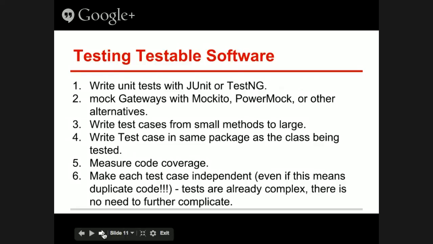Yeah. As I was telling our new attendee earlier, you write test cases from the small methods first to the large ones. And there's a reason for doing that, because if you're aiming for code coverage, quite often your big methods call your smaller methods.